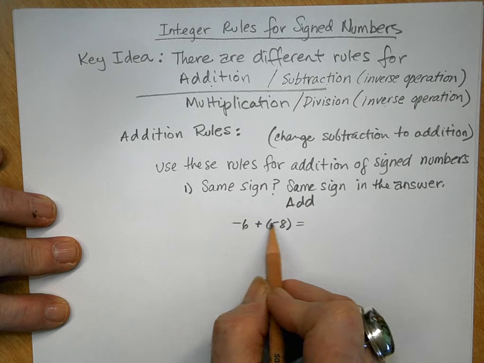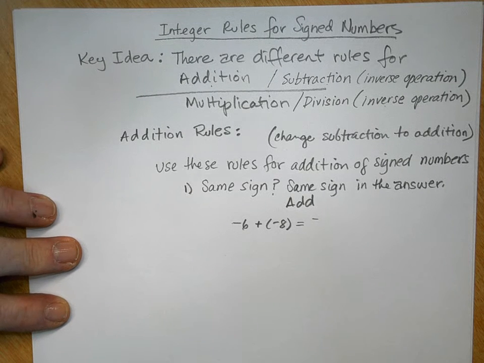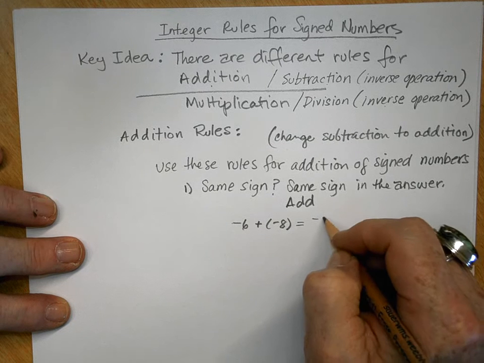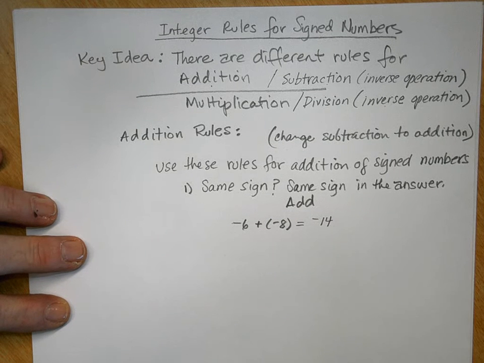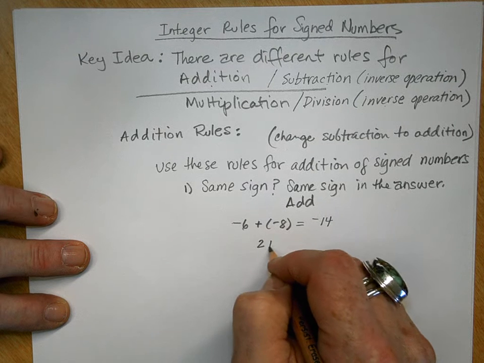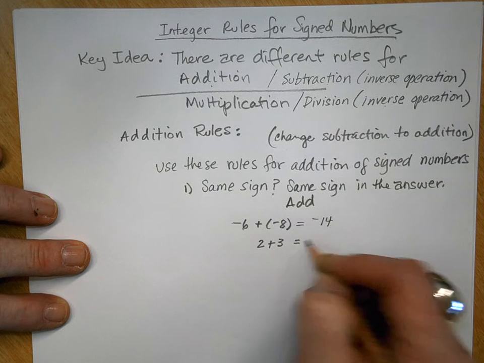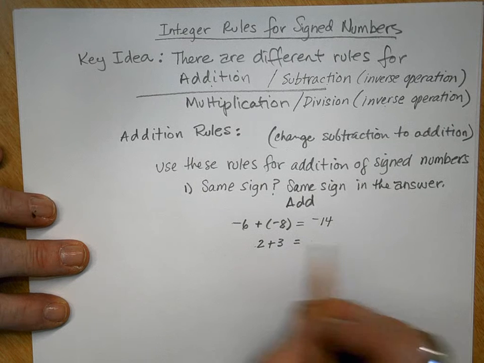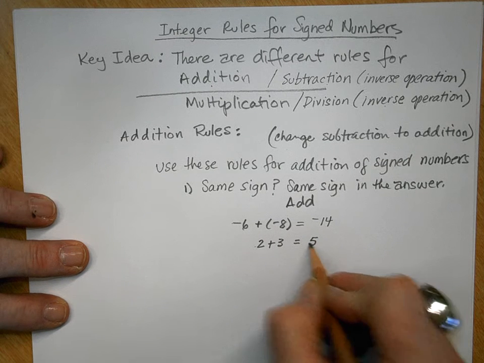Notice they're the same sign. That means I'm going to have a negative in my answer. I add 6 plus 8, 14. I might have 2 plus 3. Both are positive. My answer will be positive. 2 plus 3 is 5.